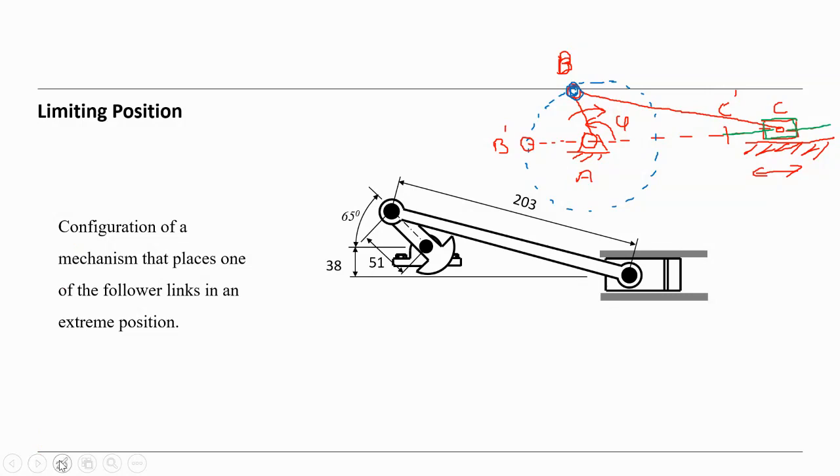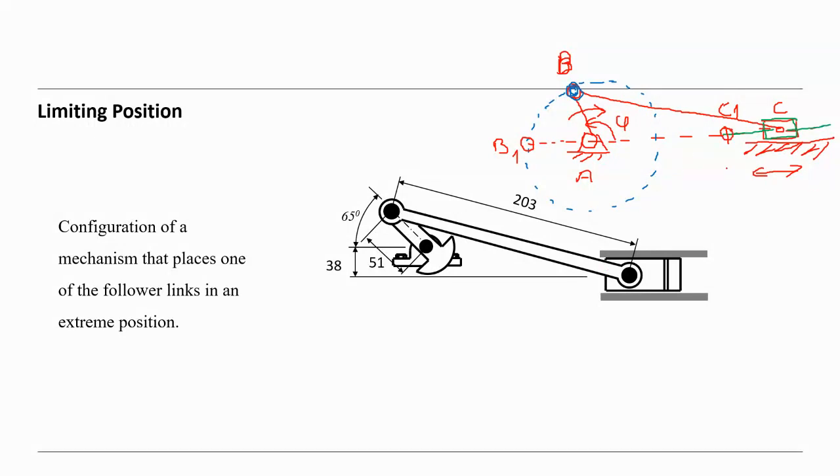Or let's change: this is B1 and this is C1. Then this is one of the limit positions.